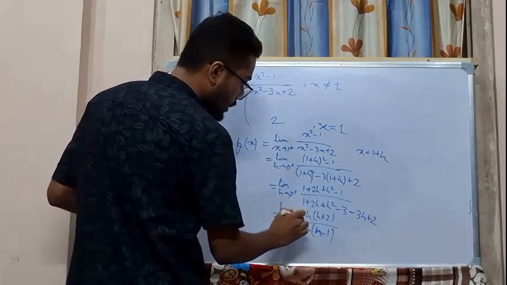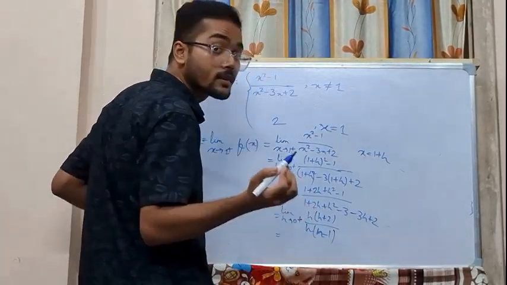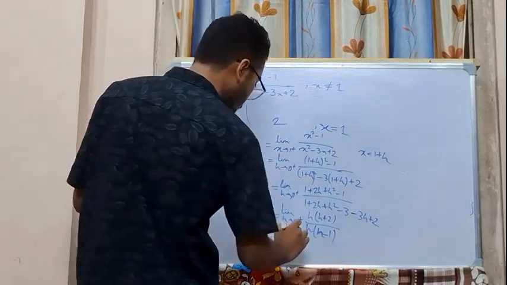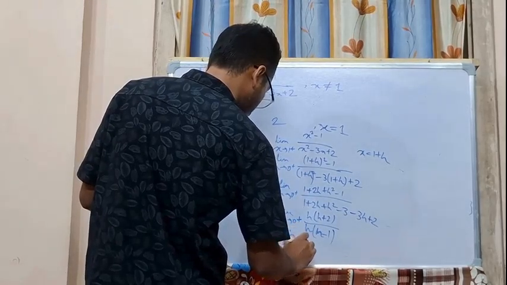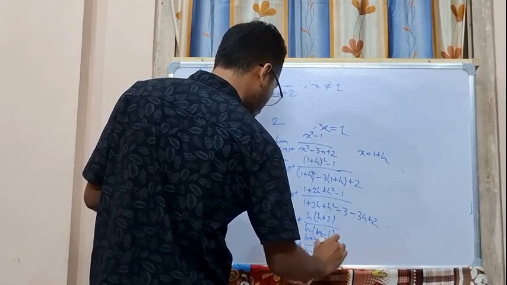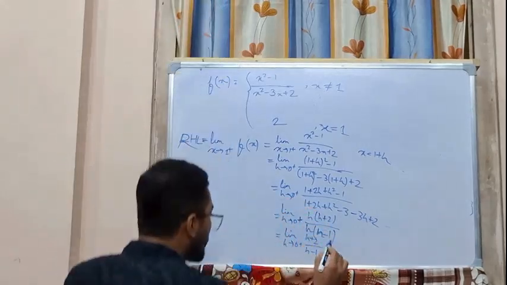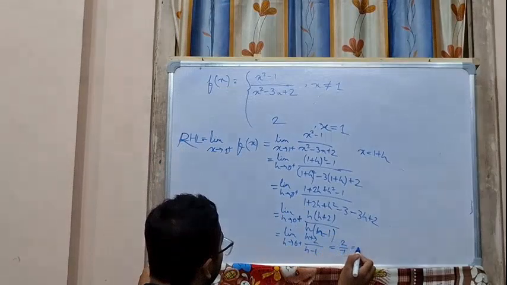We can cut the h. Why? h is not exactly 0. We can write it as limit h tending to 0 plus (h plus 2) divided by (h minus 1). If we put the value of h as 0, it will be 2 by minus 1 is equal to minus 2.